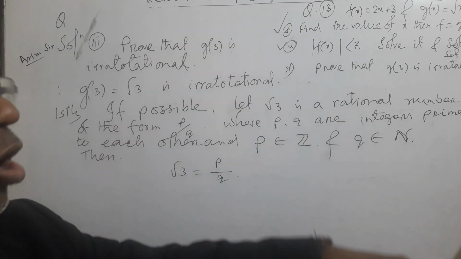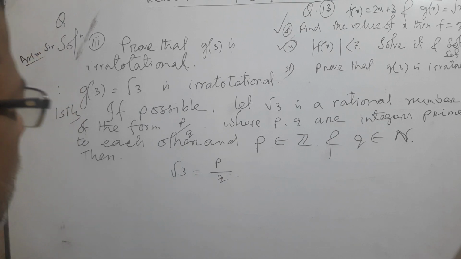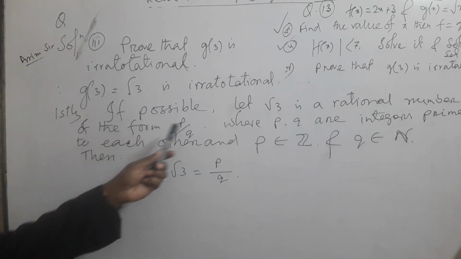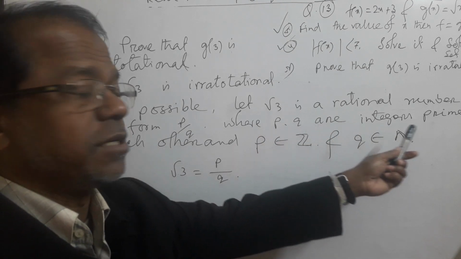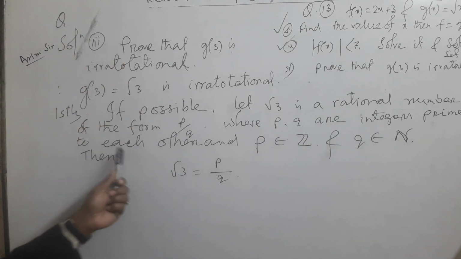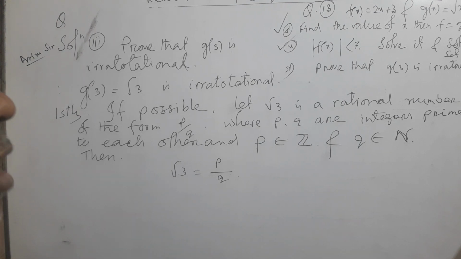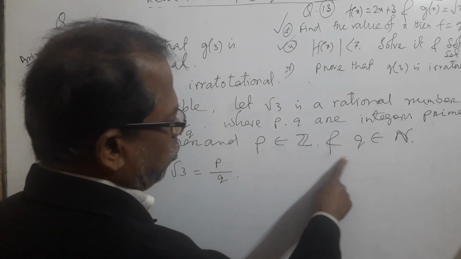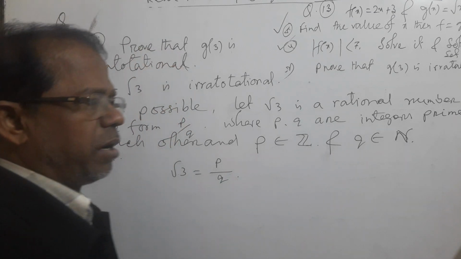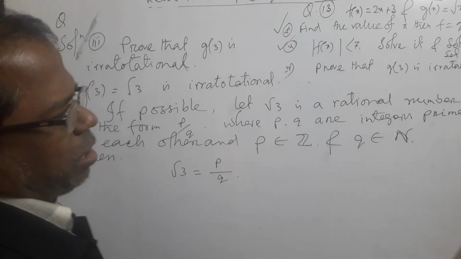If possible, assume root 3 is a rational number, then of the form p divided by q, where p and q are integers, prime to each other, where p belongs to the integers and q belongs to the natural numbers. So then root 3 equals p divided by q.